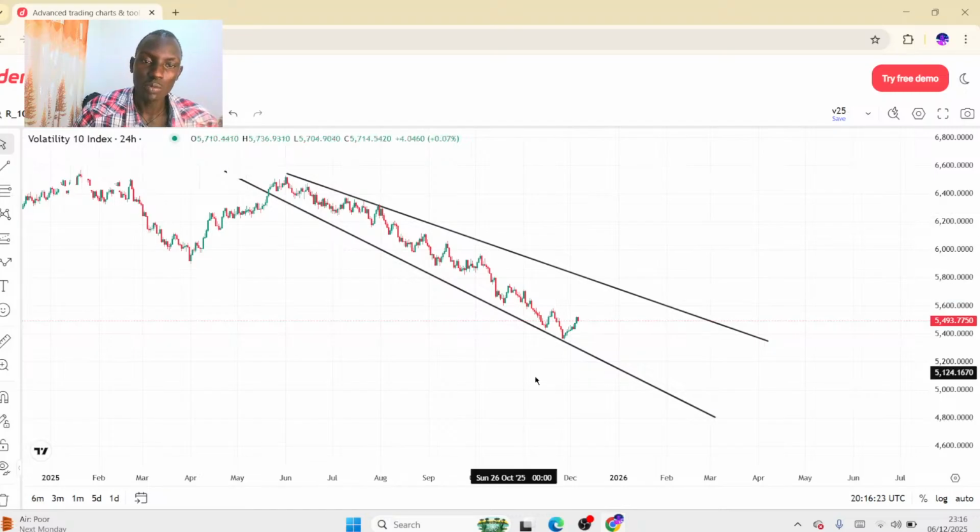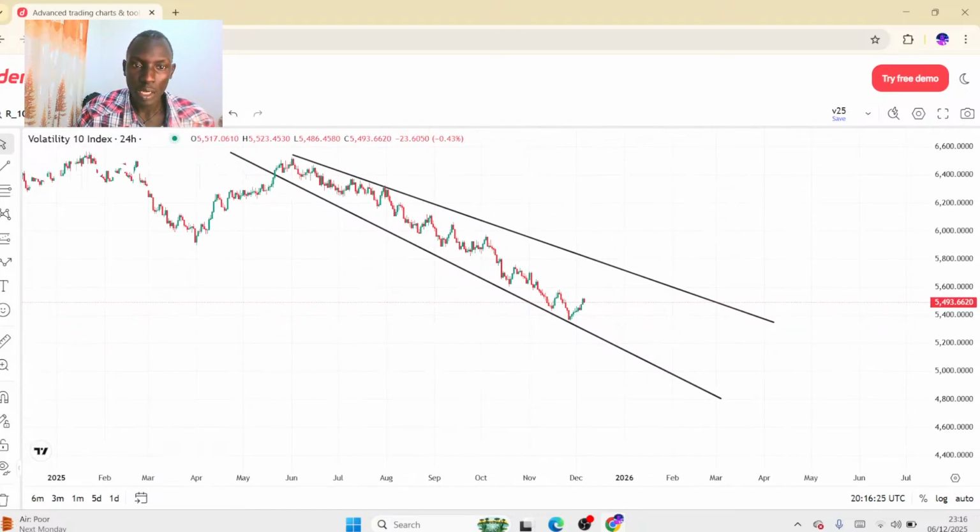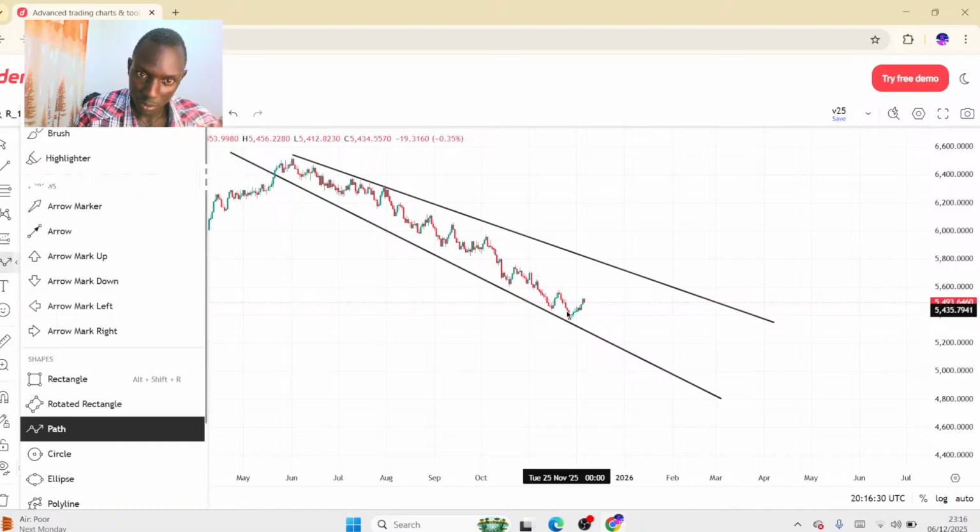How many touches are we able to see? We are able to see only one touch already.